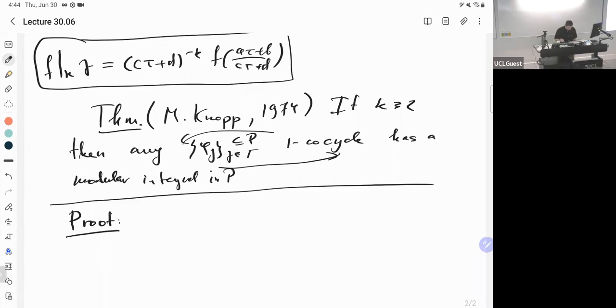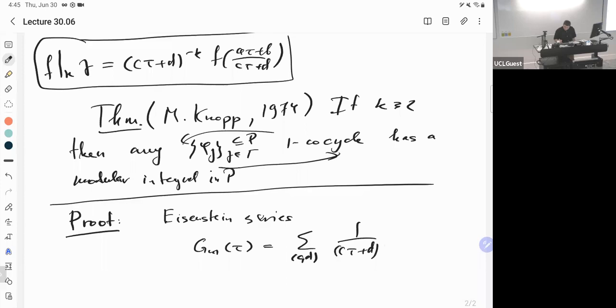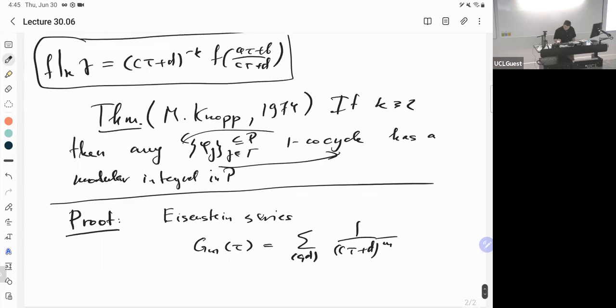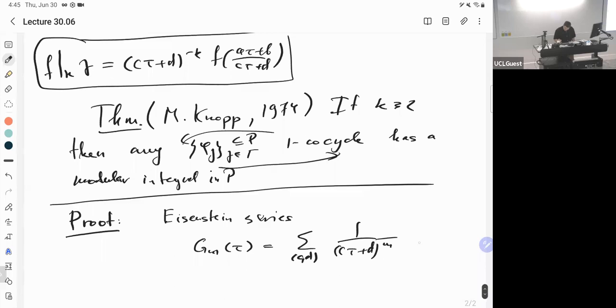First of all, let me restate the construction of Eisenstein series. We defined it like this: a sum over some pairs c, d, of 1 over (c tau plus d) to the m, with some normalization constant.